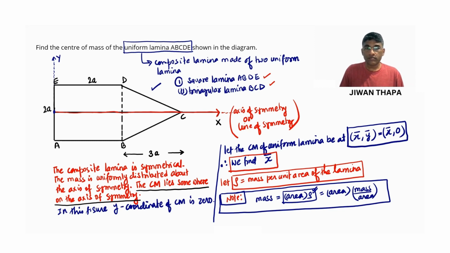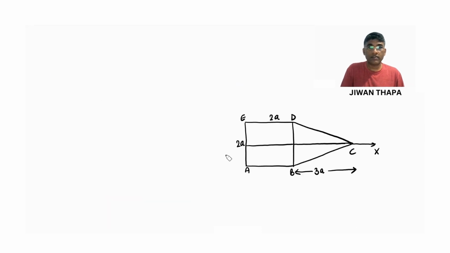Now I have the same diagram. As I said earlier, we have composite lamina ABCDE, and this composite lamina is made from square lamina and triangular lamina.